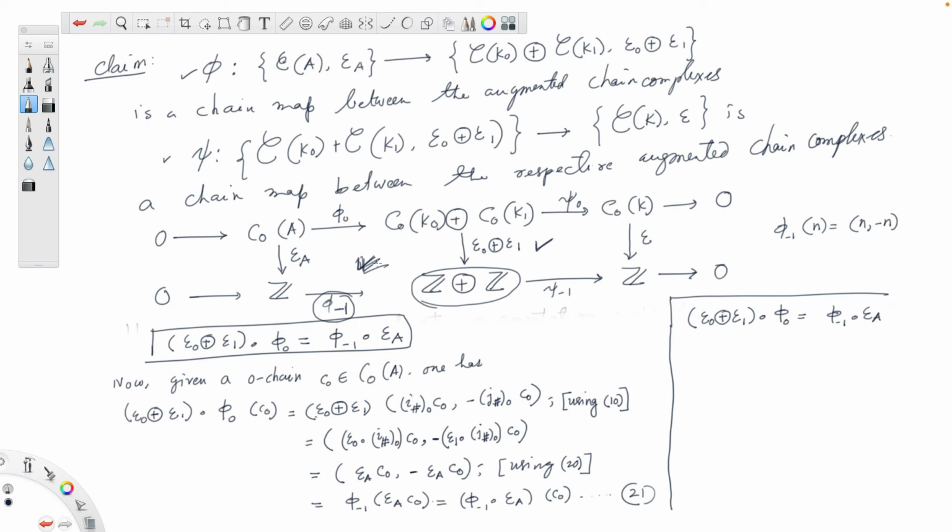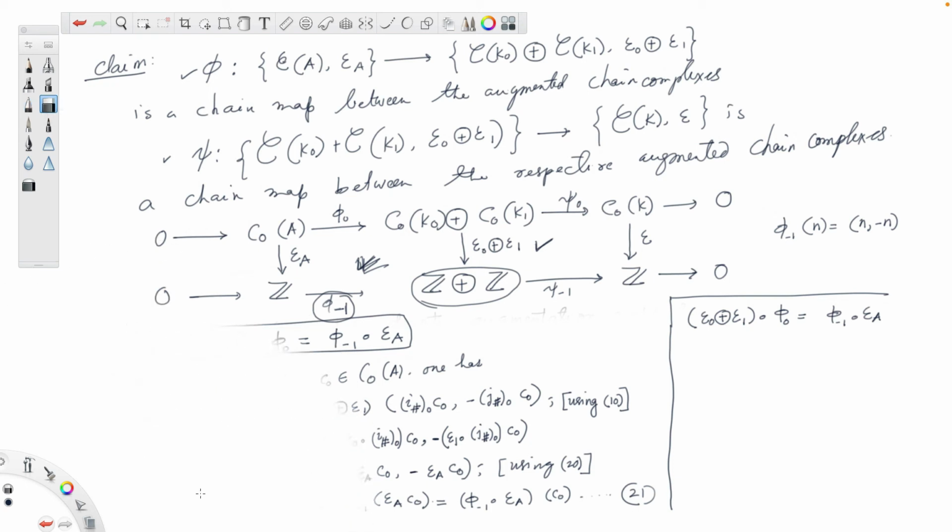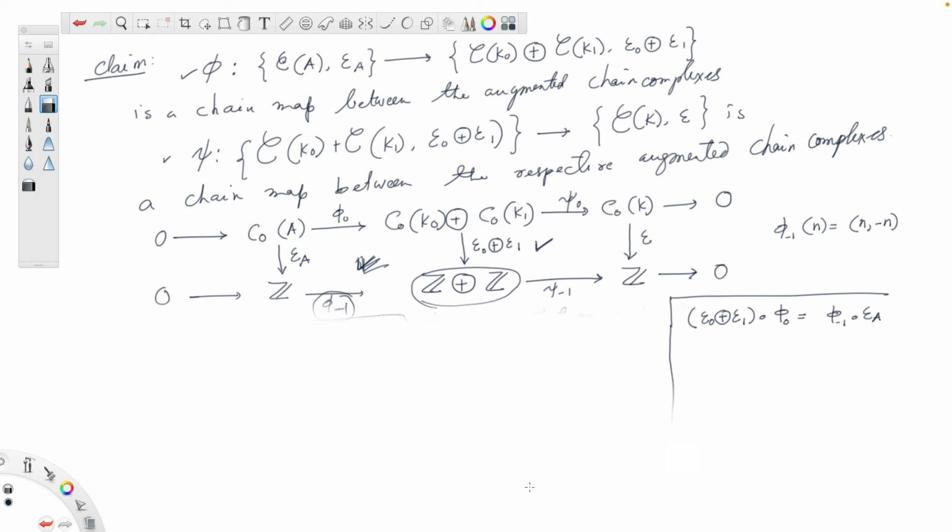Okay, good. Now about the second square, commutativity of this second square.